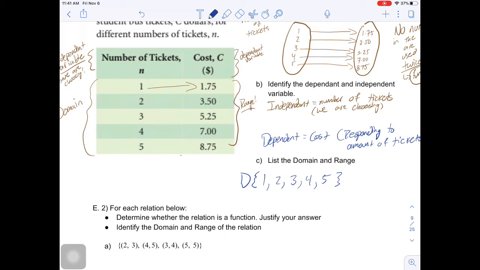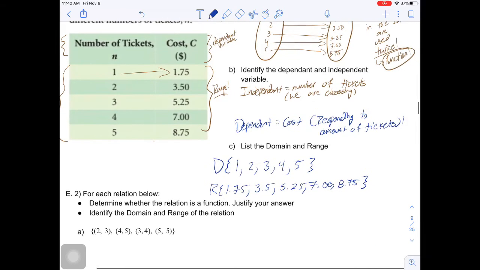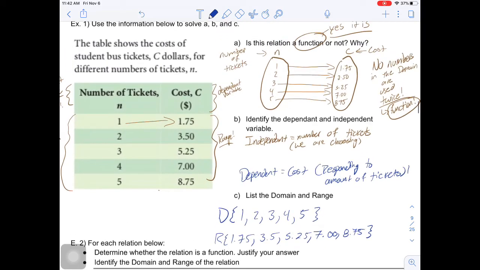Okay, what about my range? Well, I'm going to put a squiggly because this is representing the elements in my set. This is my range set. And my range is made up of these numbers. So 1.75, 3.5, 5.25, 7, and 8.75. And there I've listed my domain and range, at least the elements found in there.